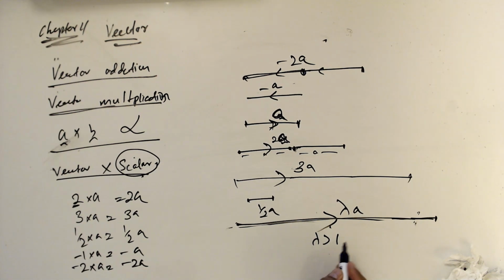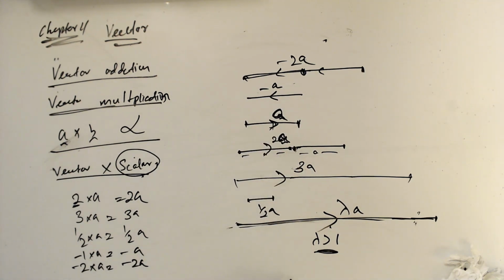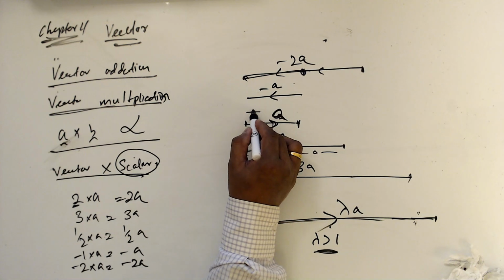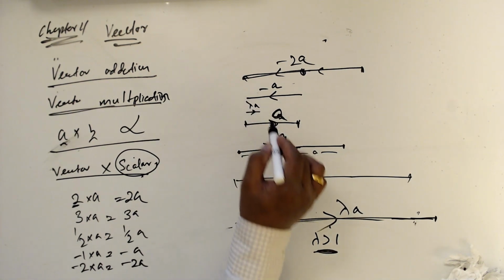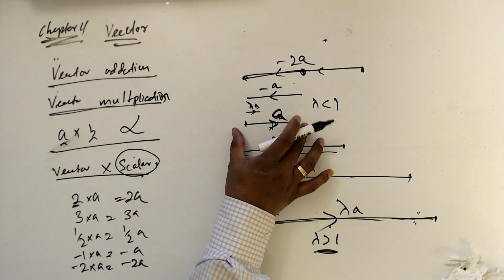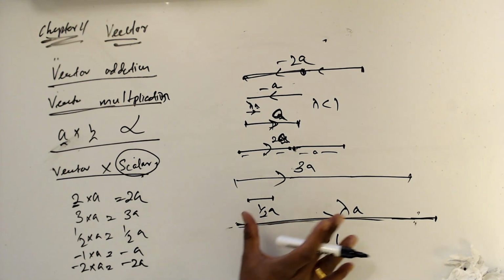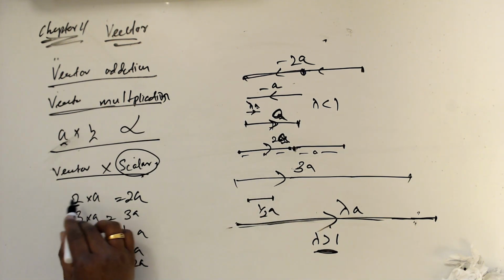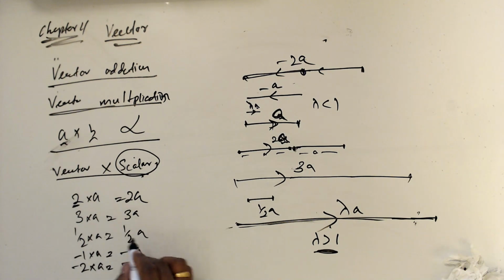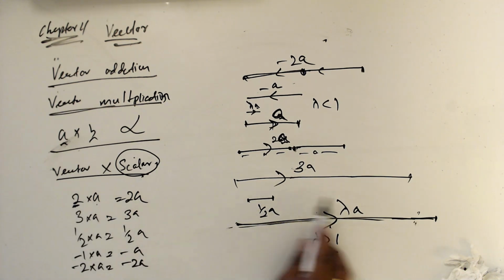Lambda has to be greater than 1, because when I look at this one, it is bigger than A. If I draw this one parallel and write lambda A here, lambda is less than 1 because it is smaller than A's size. Likewise, by multiplying a vector by a scalar, I can change the size as well as the direction.